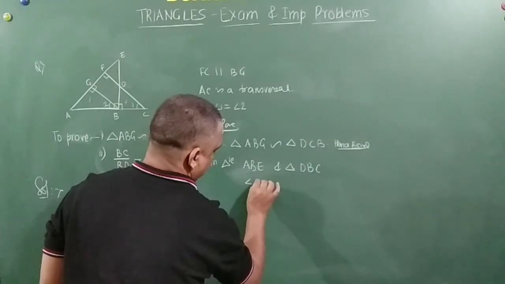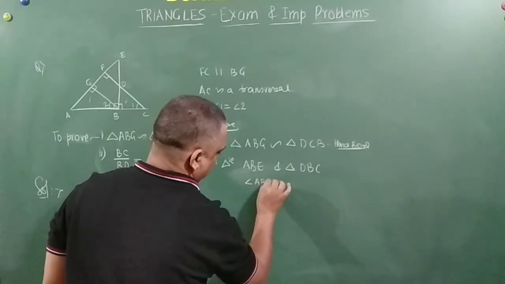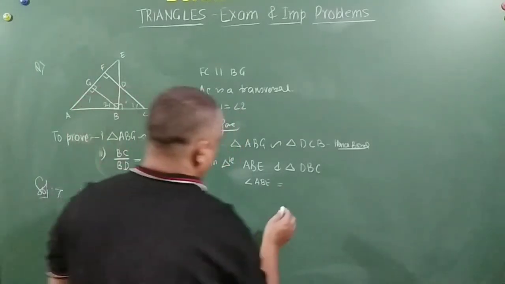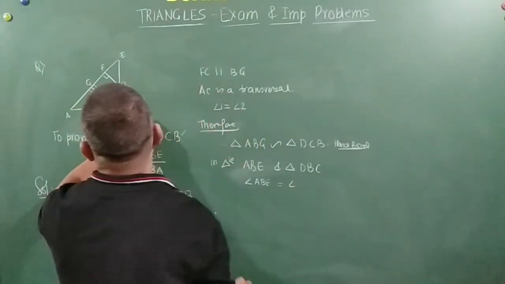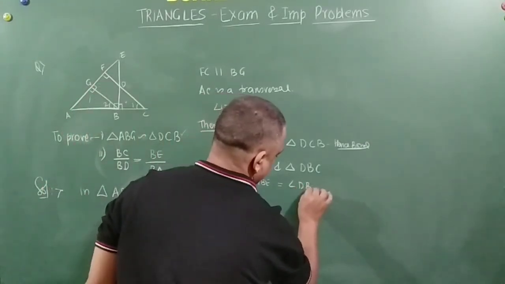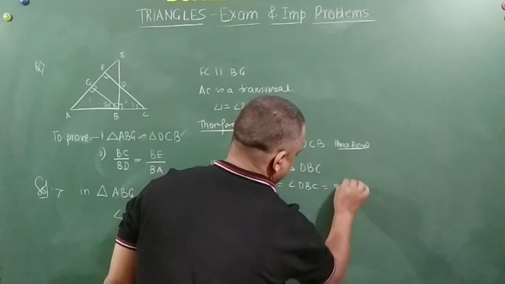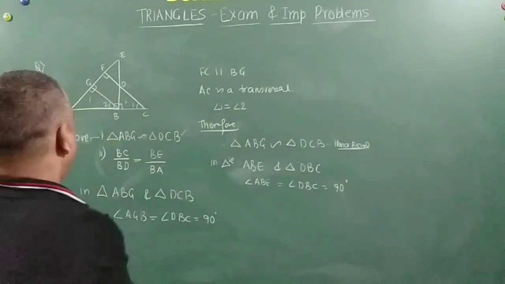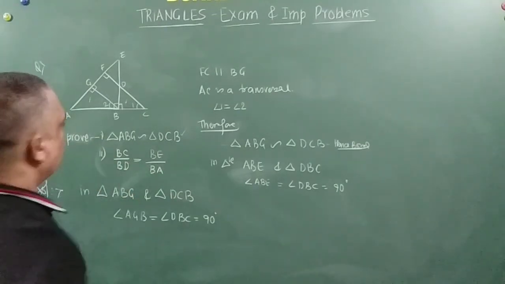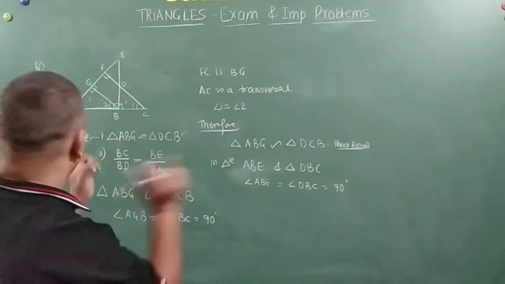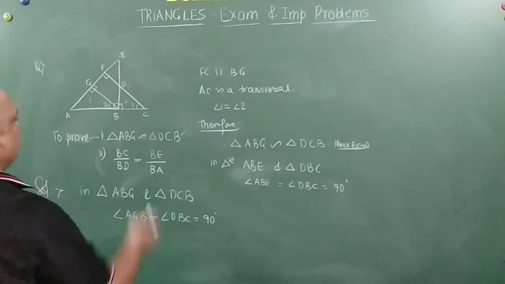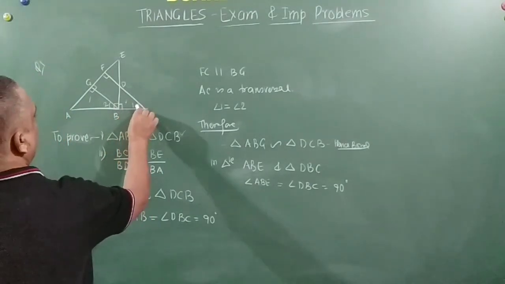So angle ABE is equal to angle DBC is equal to 90 degrees. Right friends? It is given to us. Next, we have done this. Now we want another angle to be the same. So how can we do it, friends? We can do it. Okay?